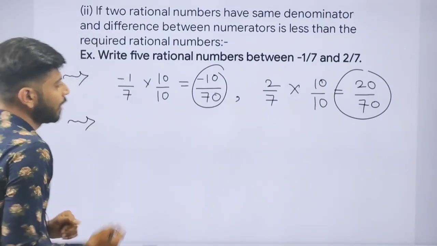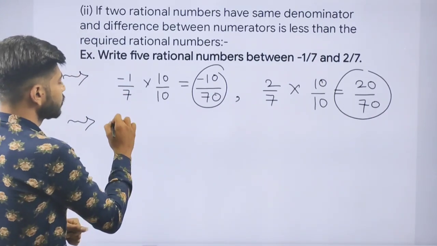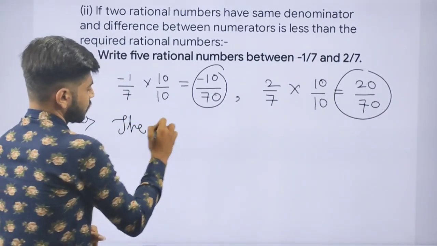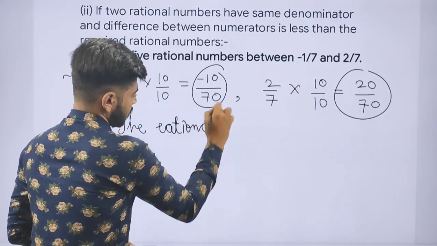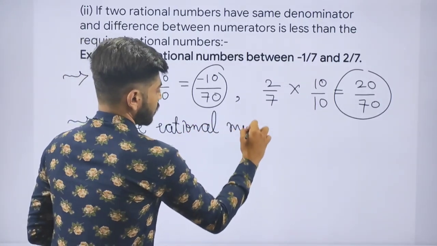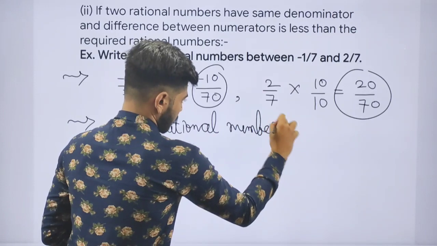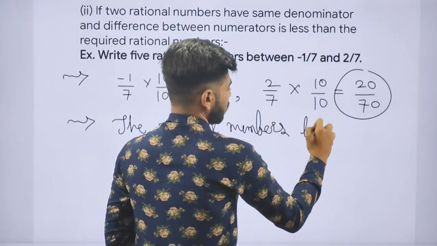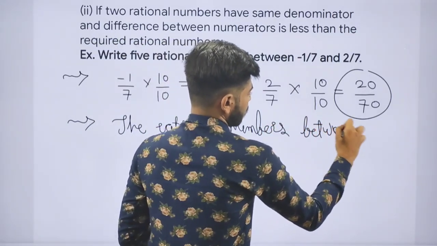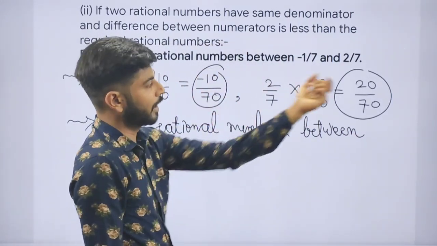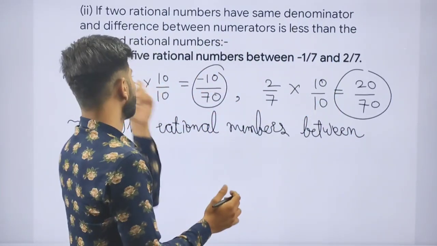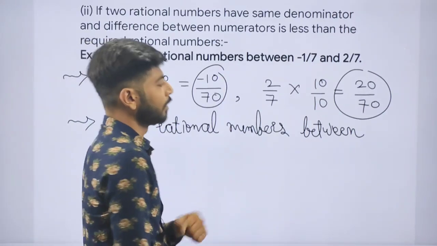So what we will write? The rational numbers between, you can write minus 10 upon 70 and 20 upon 70 instead of minus 1 upon 7 and 2 upon 7.